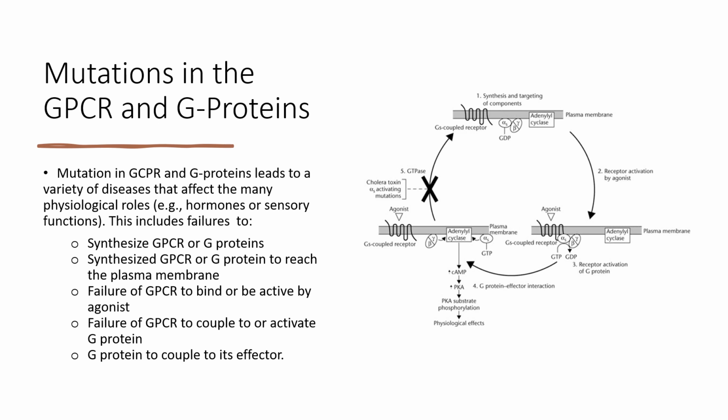One being the failure to synthesize GPCRs or G proteins themselves, so there's misfolding. There's a failure of GPCRs or G proteins to reach the plasma membrane. There's a failure to bind or activate by agonist. There's a failure of GPCRs to couple to or activate a G protein, and there's also a failure of G proteins to couple to their effector.